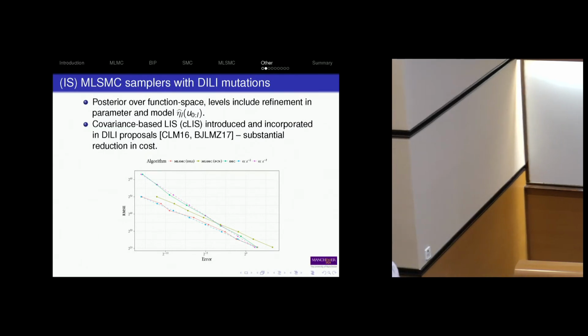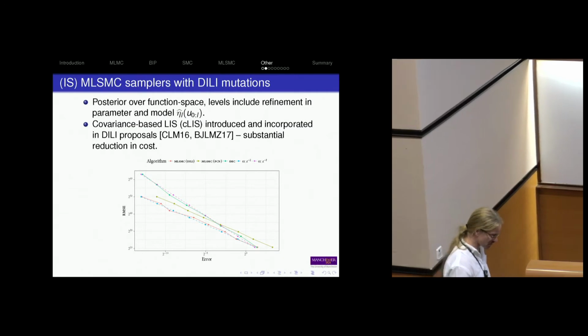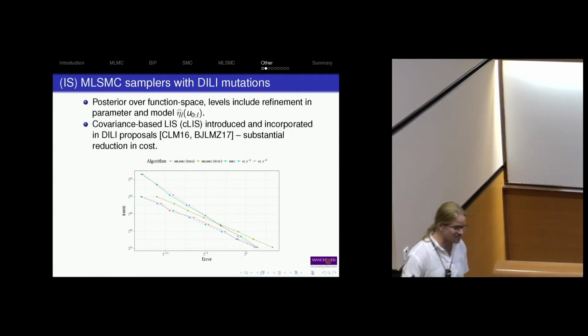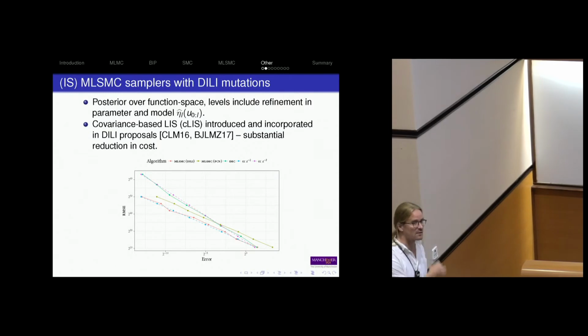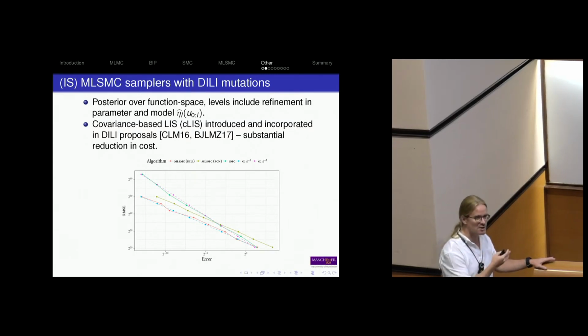We used derivatives to find a space of concentration of measure and thereby accelerate the MCMC sampling. So we introduce a new kind of likelihood-informed space, which leverages the fact that we have an ensemble of samples approximately distributed according to the given intermediate target with SMC samplers. So we use empirical averages, and we use those in particular in connection with these DILI type proposals so that we get something that's nice and dimension independent and efficient.